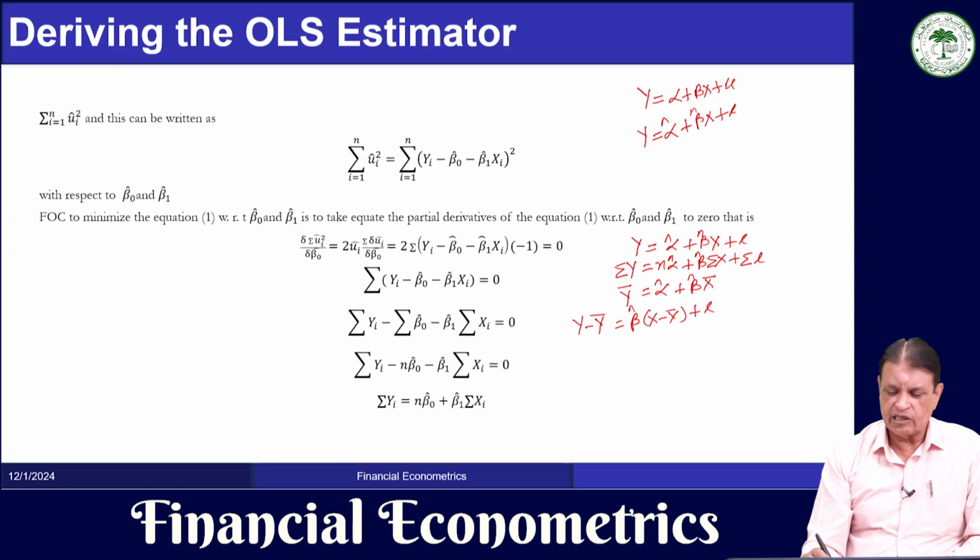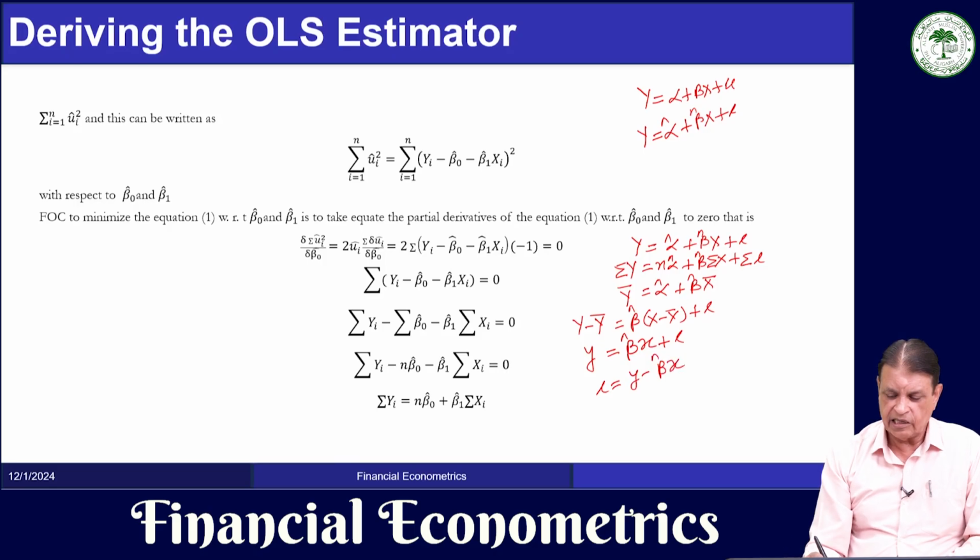If you denote this by small y, and this by small x, then this can be written as y is equal to beta hat small x plus e.